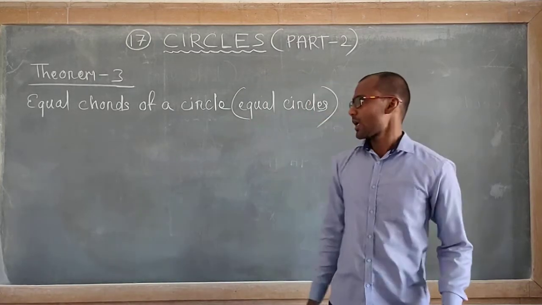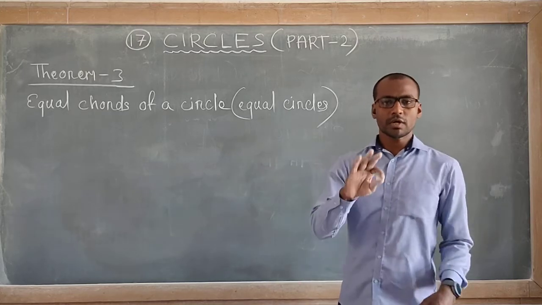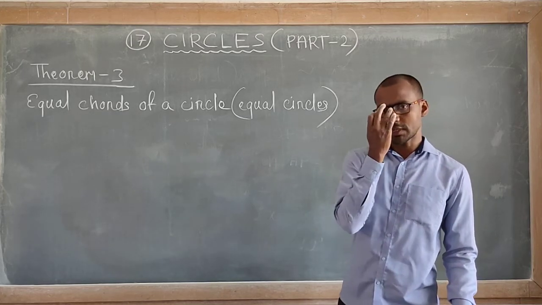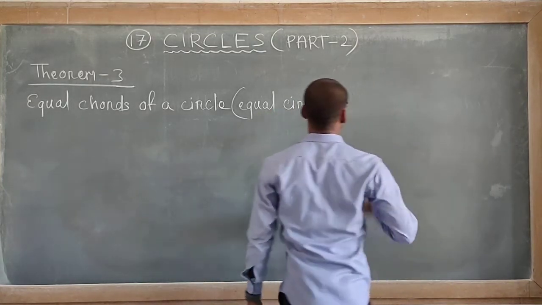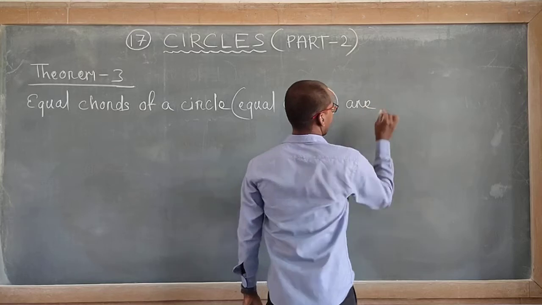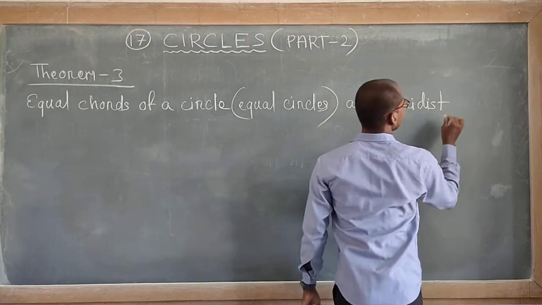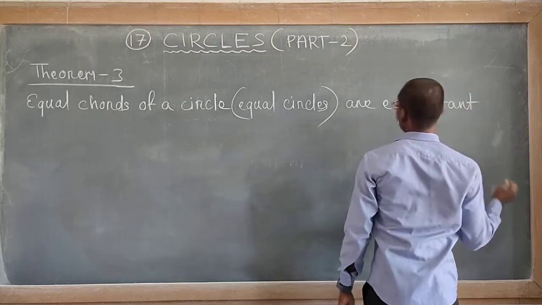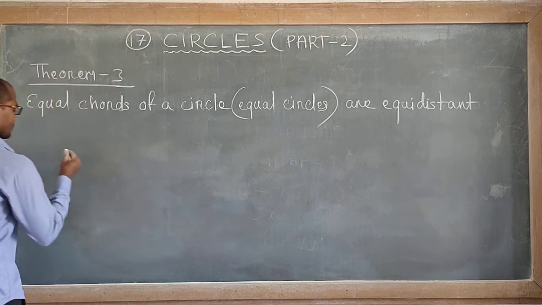This theorem is applicable in a single circle or two equal circles. You know what are equal circles, having the same radius. Okay, so equal chords of a circle or equal circles are equidistant from the center.